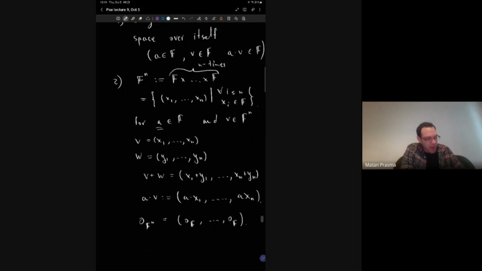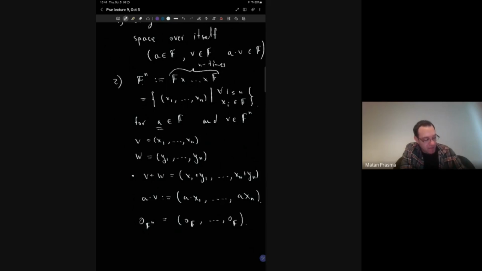So, since F with the zero element in addition is an abelian group, we saw that if you take the Cartesian product of abelian groups, or even just generally groups, you get another group with exactly this operation.